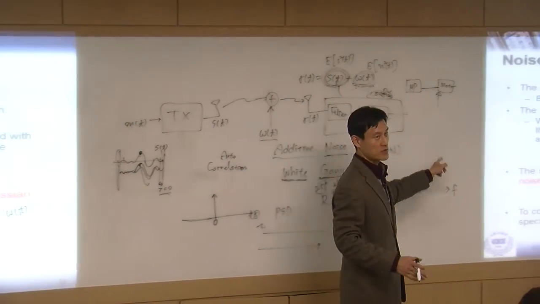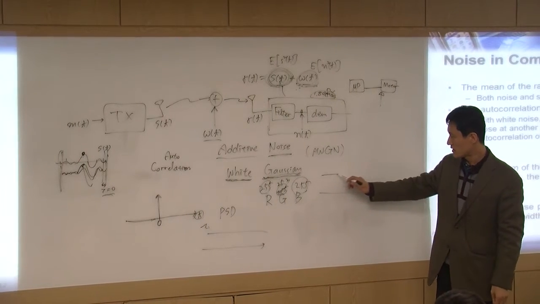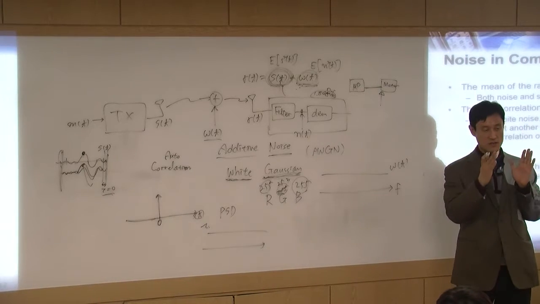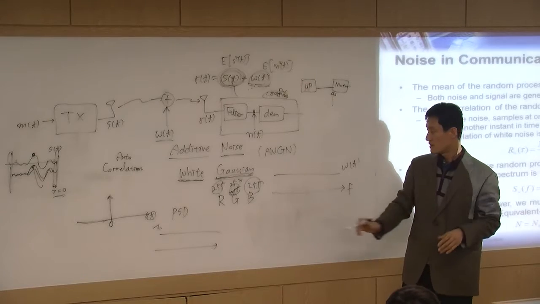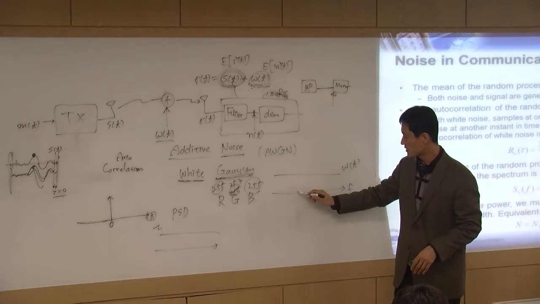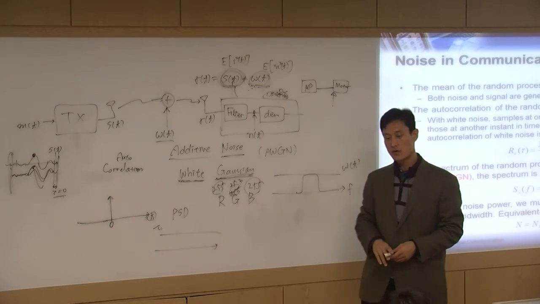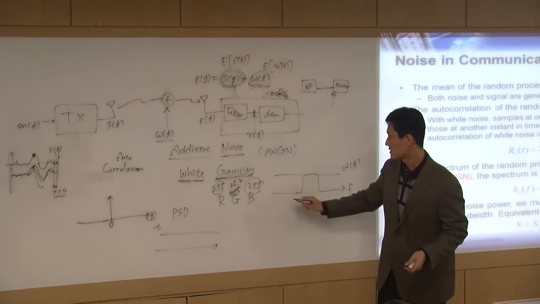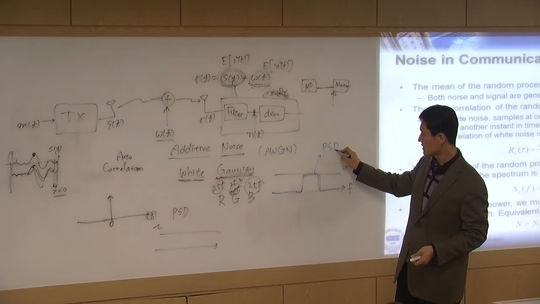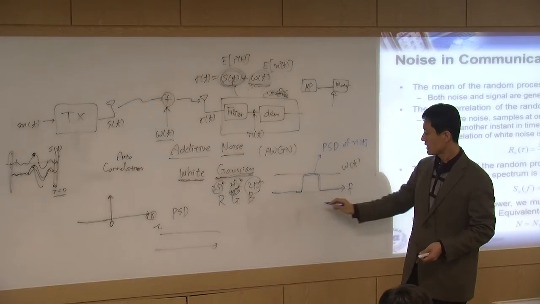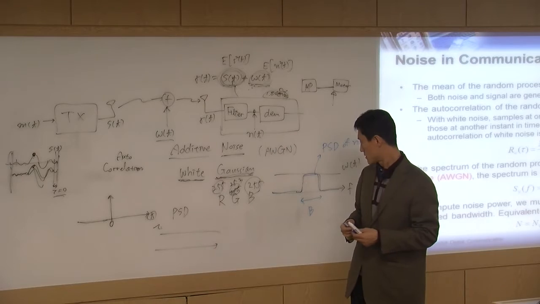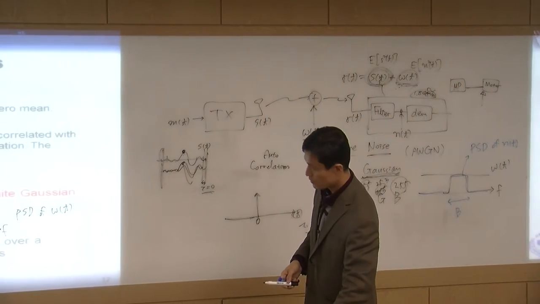What does the output power spectral density look like? Let's say this is WT, and your filter has a certain bandwidth. Put this noise into the filter, and the output is going to be like this. So your noise NT has this spectral density. This is the power spectral density of NT, and this is the bandwidth of the noise.